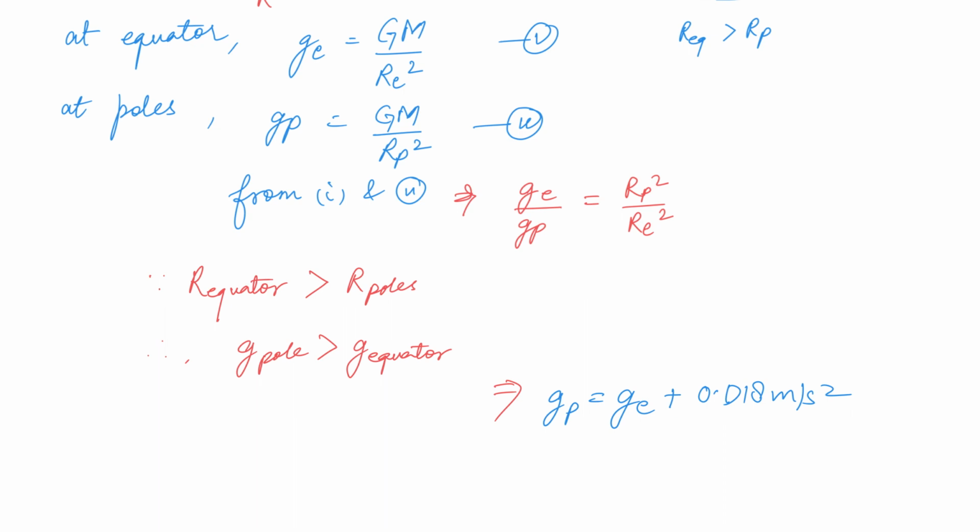So if we say that there is a body of mass m, then where will the weight of the body be more? Weight is mg.